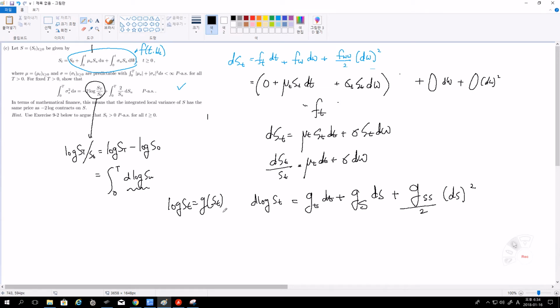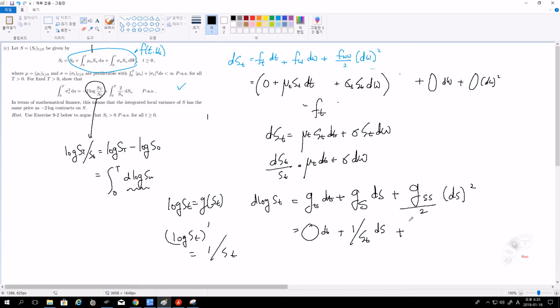But this is again not a function of t, so it is 0 dt. And if we take the derivative with respect to S_t, then log S_t prime is 1 over S_t. So we have 1 over S_t, and then dS.